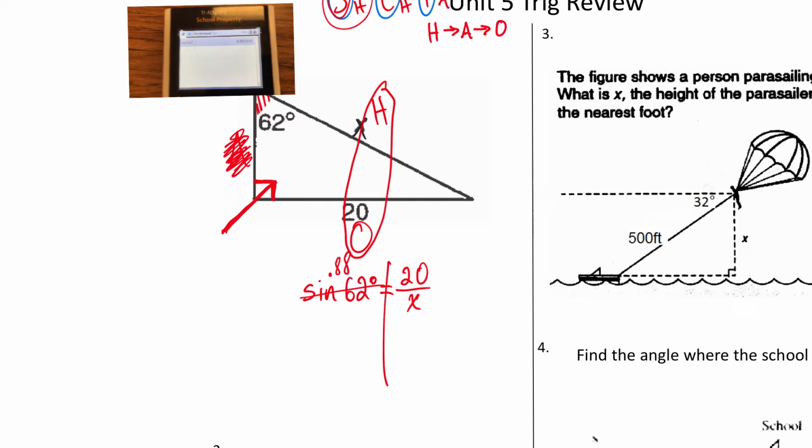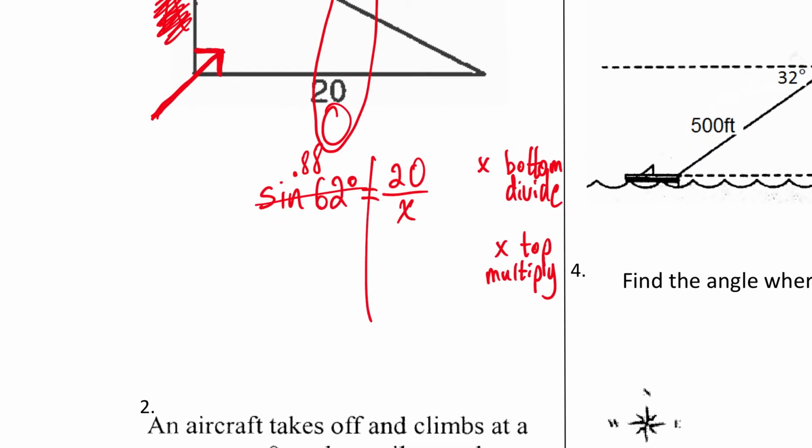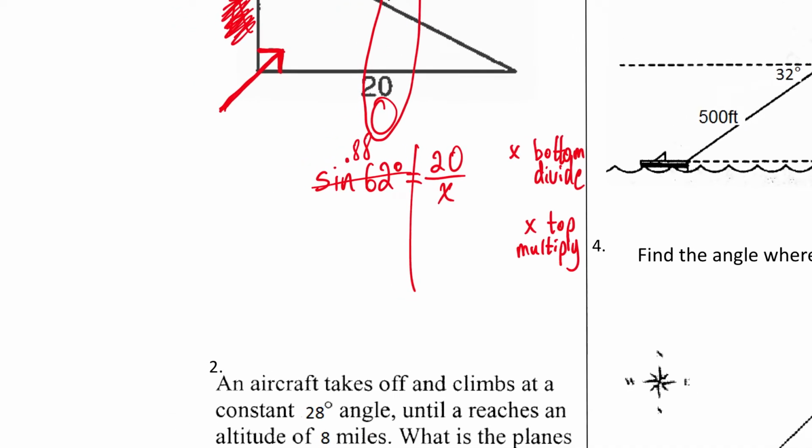So you may want to write a note down about that. If x is on the bottom, you're going to divide. If the x is on top, you multiply. So you may want to write something down about that on your colored piece of paper so you won't forget.